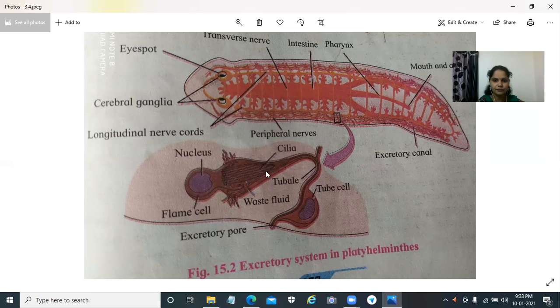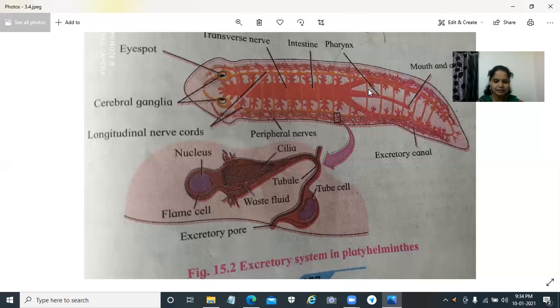The excretory waste fluid travels through the tube-like structure, and this waste material is thrown outside the body through the excretory pore. These flame cells or protonephridia are found in Platyhelminthes, organisms that are acoelomate, or don't have a true body cavity, like planaria or tapeworm.